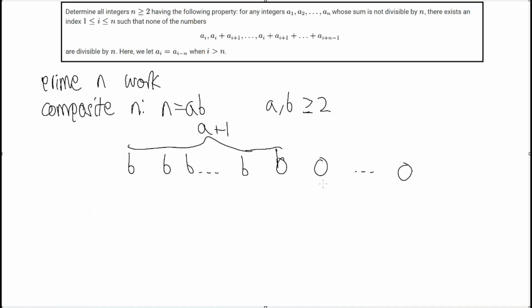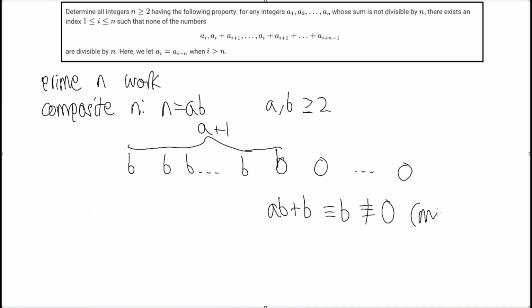And if we're at 0, well, the sum is already just 0 mod n, so we don't need to do any work there. So therefore, this construction works. And to prove that the sum is not divisible by n, this is clear, because the sum is just ab plus b, which is equivalent to b. And since b is greater than or equal to 2, but less than n, we know that it's not equivalent to 0 mod n.